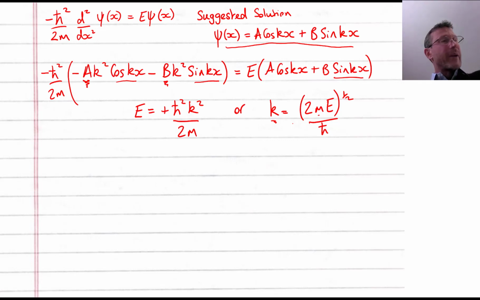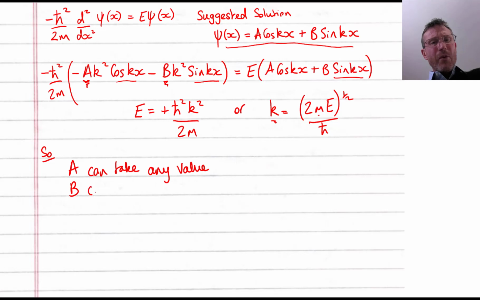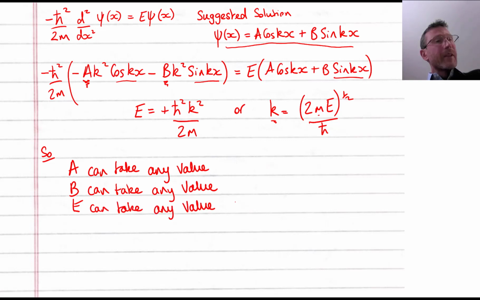So let's make a quick note of those conclusions here. So a can take any value. Remember, this is rule 4, right? We've solved the Schrodinger equation, but here are these results. So b can take any value, and E can take any value because k is unspecified.